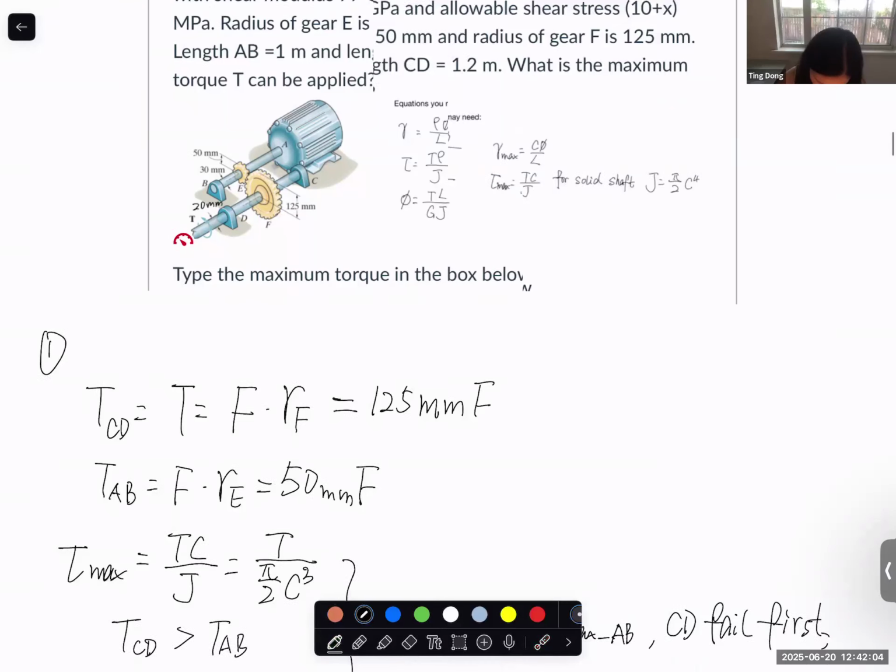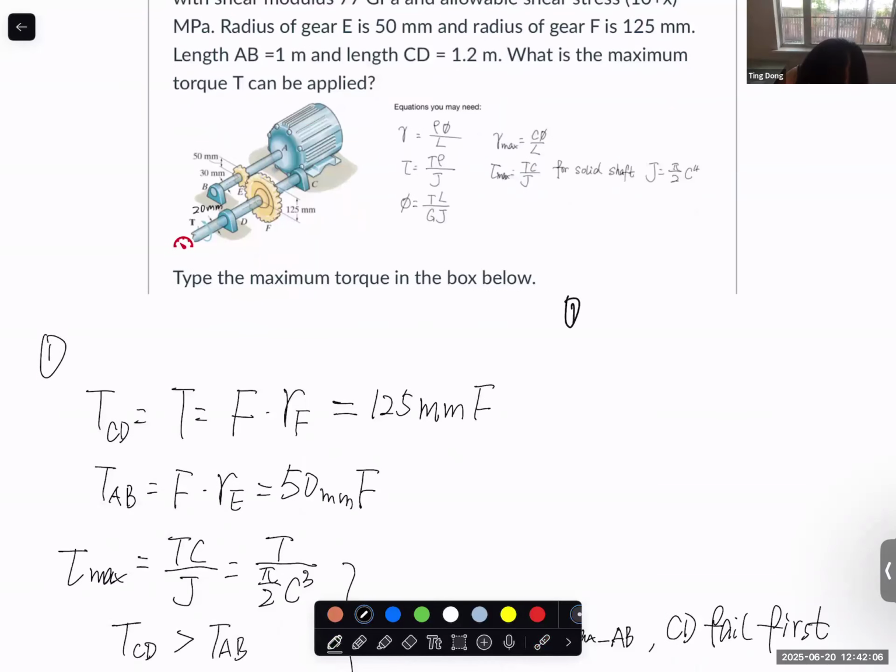Let me. Your first step is T equal to tau allowable J over C. So you calculate TAB and TCD. If they both reach allowable shear stress, what is the second step?